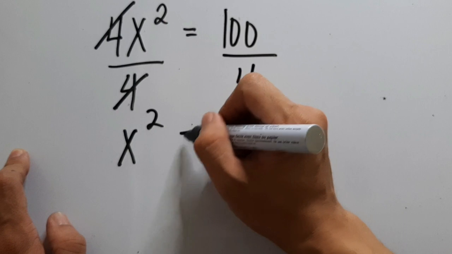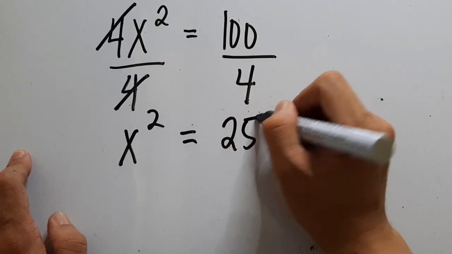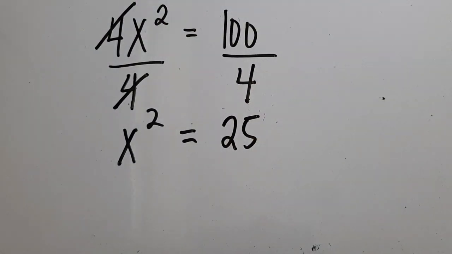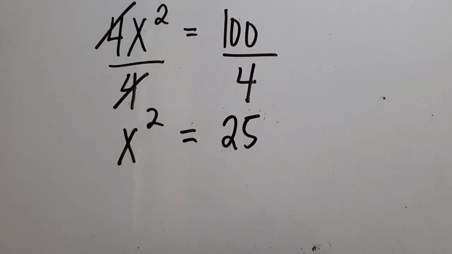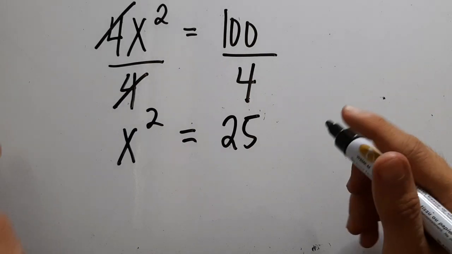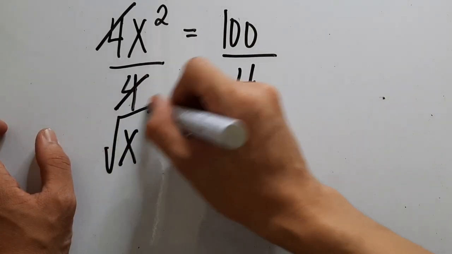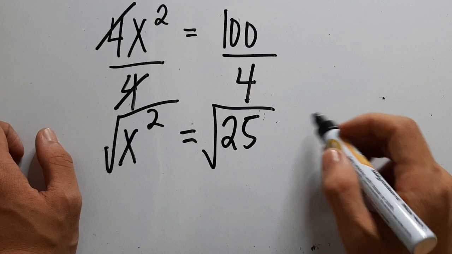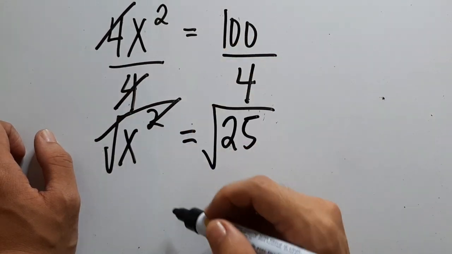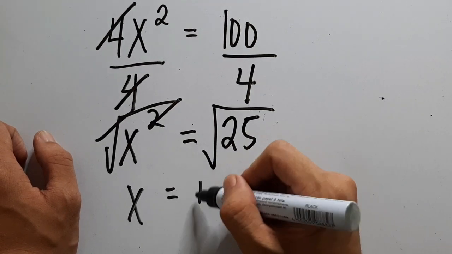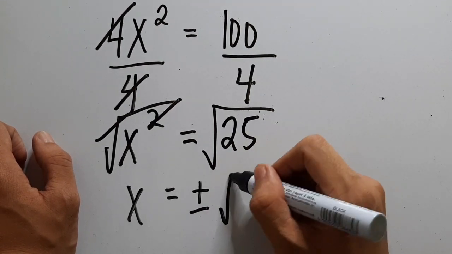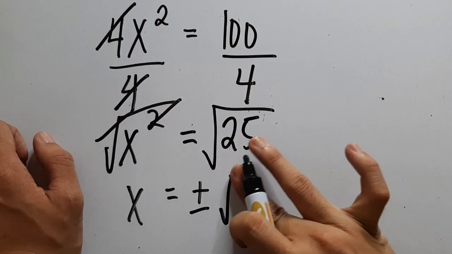X squared is equal to 25. Remember, 25 is not yet our final answer because we have the value of the exponent 2. So, x squared, extract its square root, cancel. X is equal to the square root of 25, which is positive and negative 5.